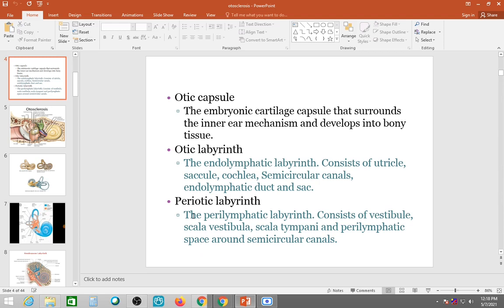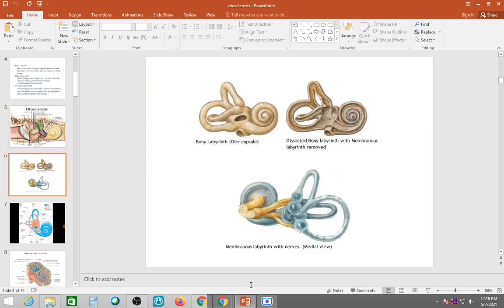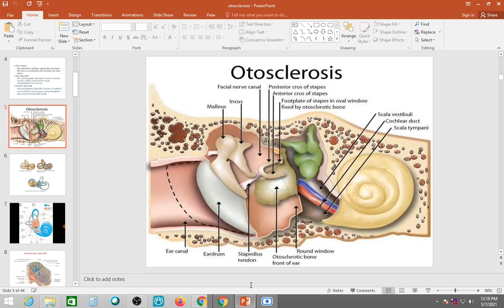And the periotic labyrinth is the tympanic and perilymphatic space around the semicircular canal. It consists of scala vestibuli, cochlear duct, and scala tympani. I will show you this structure in the previous slide.